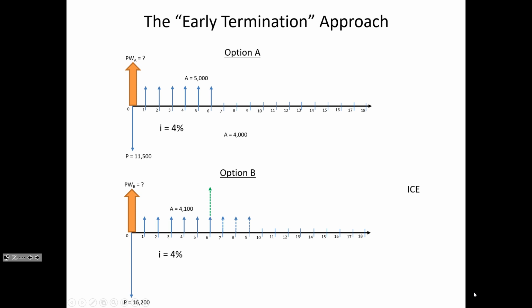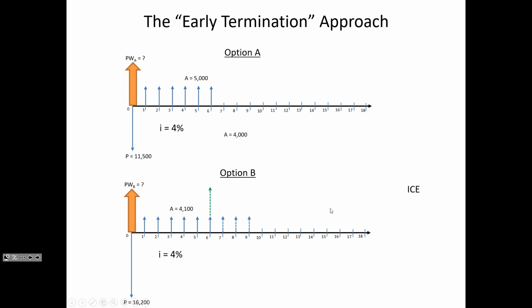Option A is too short. Option B is too long. So what we could do is, instead of keeping it for the full 9 years and then throwing the item away when it's all used up, we could sell it on the open market at the end of 6 years, and whatever value it has remaining will be added onto our project as a single lump sum.